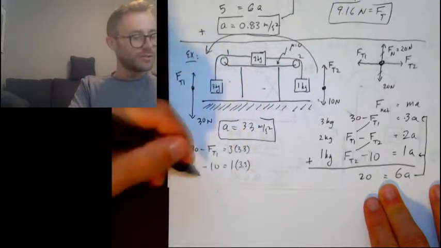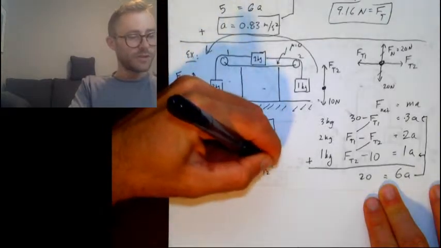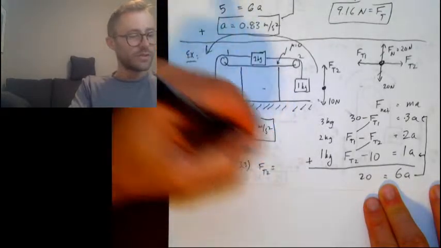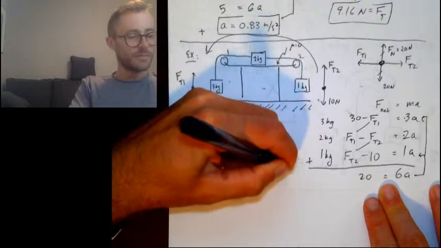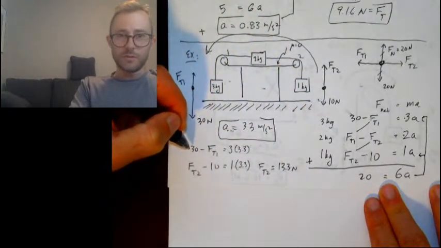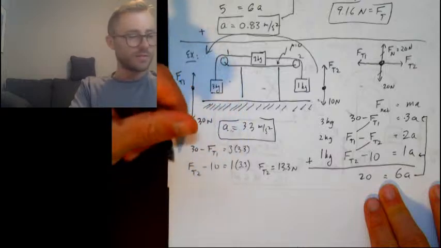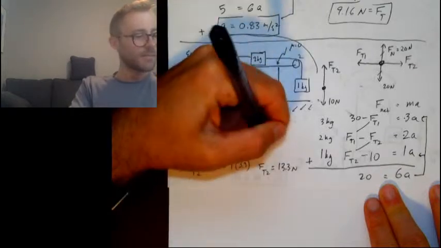So that says that FT2, the second tension, is 13.3 newtons. And the other tension from rope 1 is going to be, it looks like, what, 20? 3 times 3.3 is 10. Yeah.